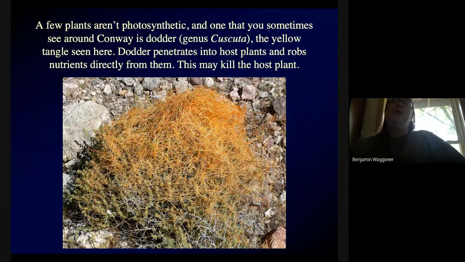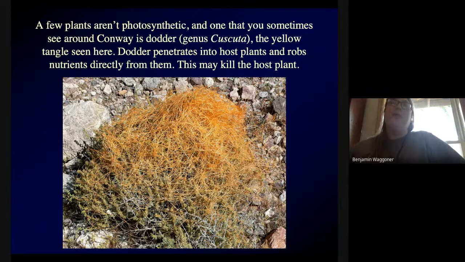That green bush under the filaments is being killed because those filaments, the stuff that looks like yellow hair, penetrates into the host plants and takes nutrients directly away from them. And this will eventually kill the host plant. So that's an example of a plant that isn't photosynthetic, and it's one that you could observe around here.